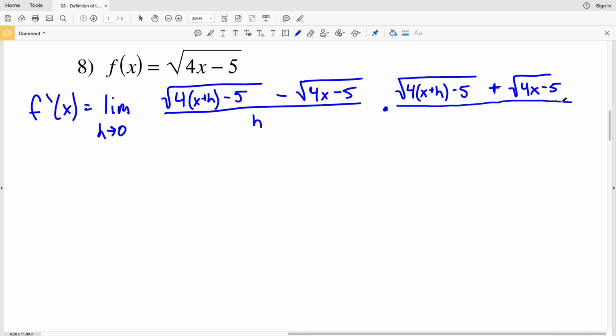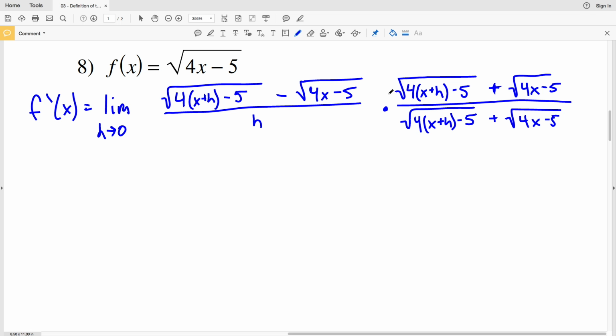And that's all over the conjugate, because the conjugate divided by the conjugate is 1, and multiplying by a value of 1 does not change the overall value, it just helps us manipulate the expressions. So, rewriting that conjugate, the square root of 4 times x plus h minus 5 plus the square root of 4x minus 5.